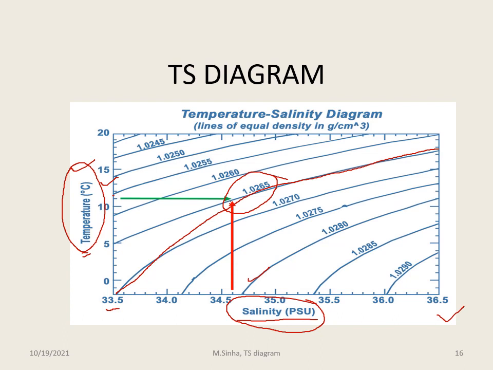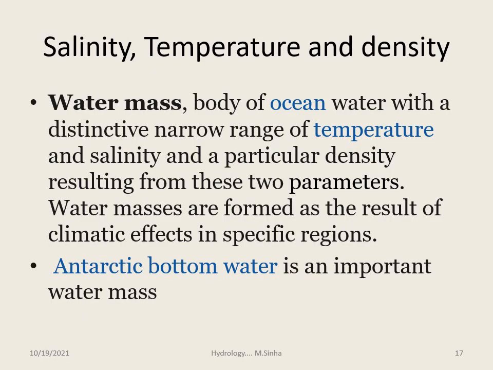So those are the lines of equal water density, and these equal water density lines determine the movement of ocean currents and the movement and character of the water mass. Okay, and salinity, temperature and density are integral parts of ocean circulation and water mass formation.